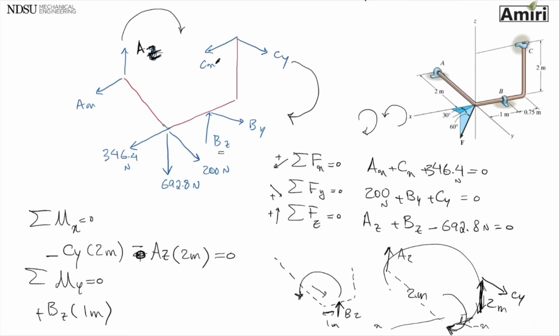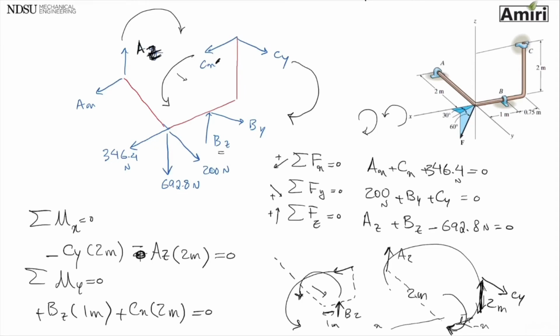The other force that I see is CX, which is also trying to rotate this beam about the y-axis. So that's CX multiplied by the distance from the y-axis, 2 meters. That one is the same direction, so that is plus, and that is going to be 0.